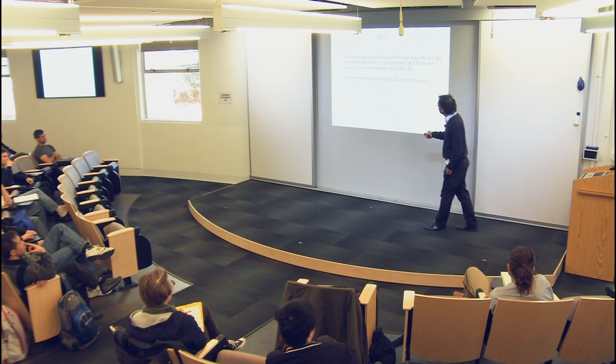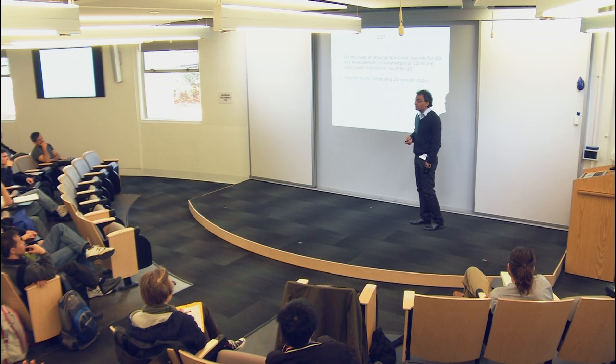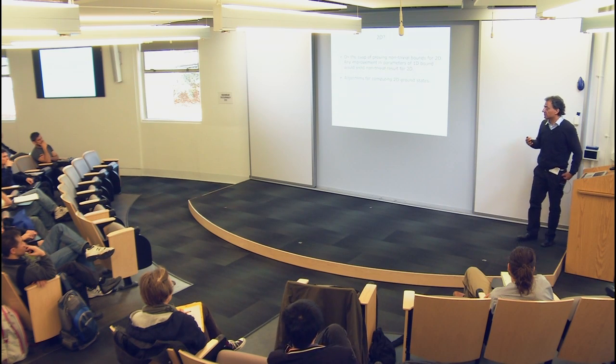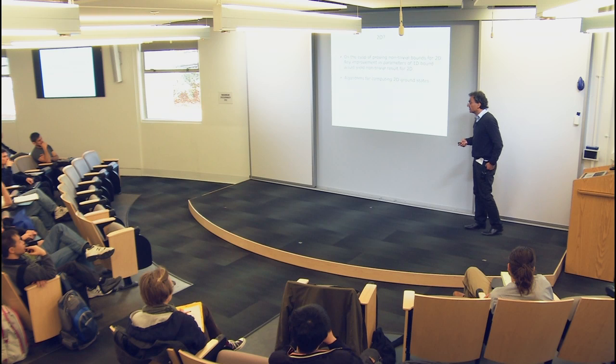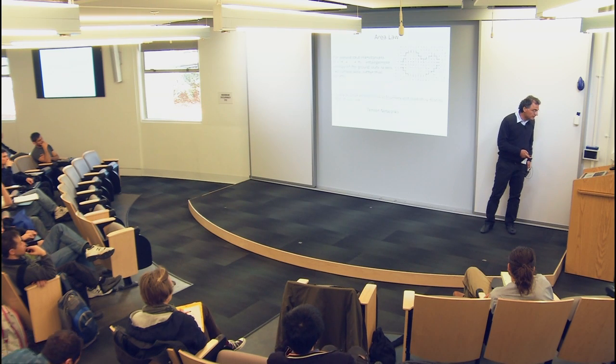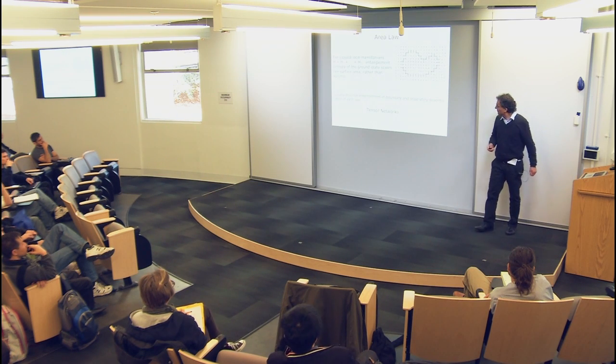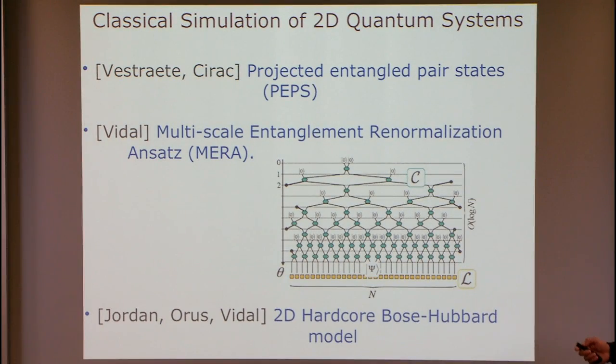The second very interesting question is algorithms for computing 2D ground states. This is really the holy grail in condensed matter physics, to try to understand 2-dimensional systems. There's a lot of recent work on trying to do classical simulations of 2D quantum systems using this tensor network approach, various kinds of tensor networks, PEPS, MERA and so on.